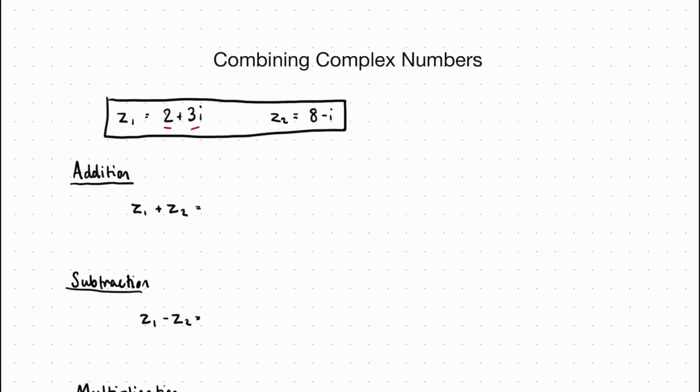When I add z1 and z2, I get 2 plus 3i plus 8 minus i. Well, with addition, you just collect like terms. So the solution to this is just 10 plus 2i. So addition, as with algebraic addition, is just collecting your like terms.